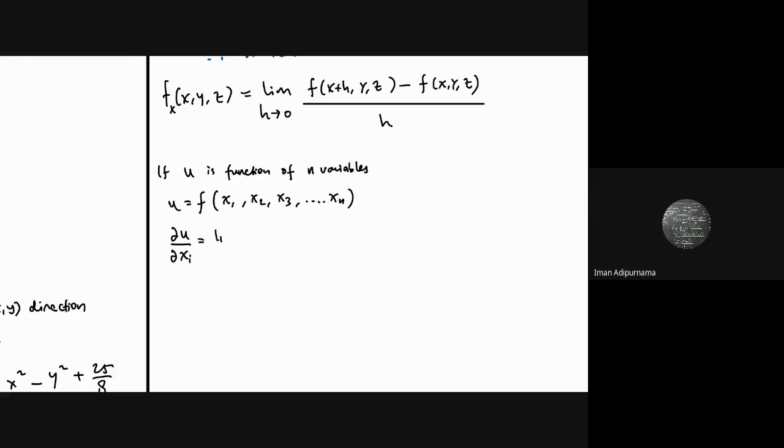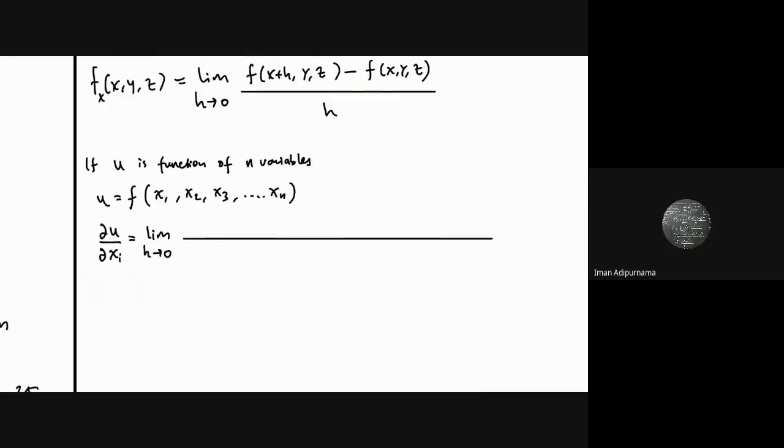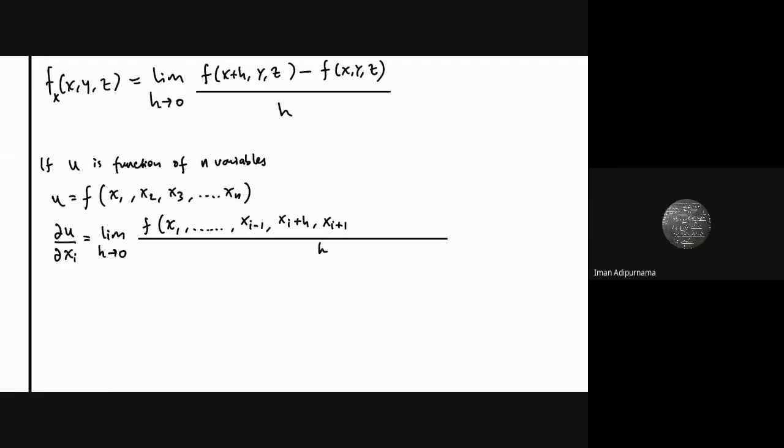So let's write this partial derivative with respect to xi. It's actually a limit, it's quite long. So f starts with x1, and then we have xi minus 1, and then xi plus h here, and then xi plus 1 to, okay, so you know the difference.